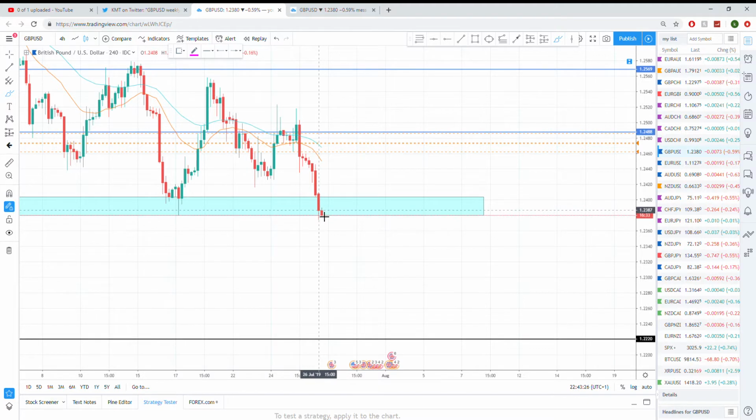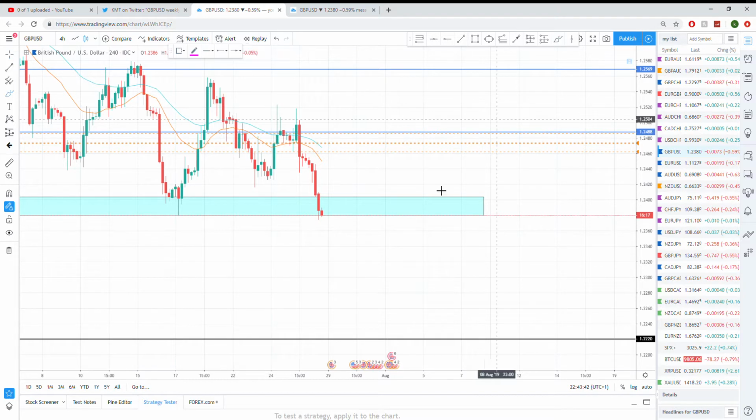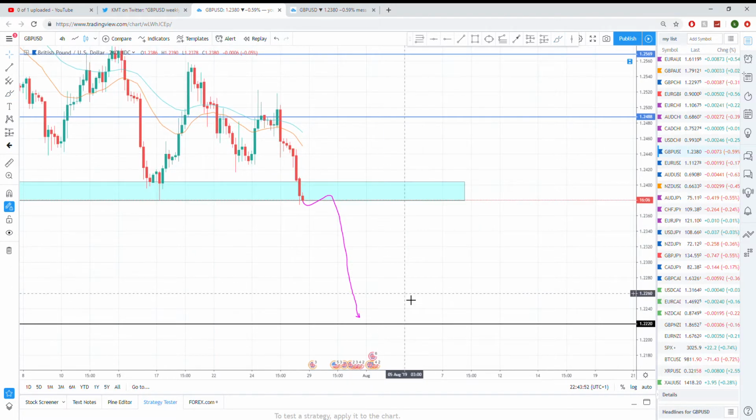For entry positions that I will be looking for on the pound US dollar, it is for the initial break to come through here, and then a retest of some sort, and then a confirmation candle to signal that we are heading down. It's going to be clear that we're rejecting this zone, and then we'll be heading to our monthly, which is 1.220.